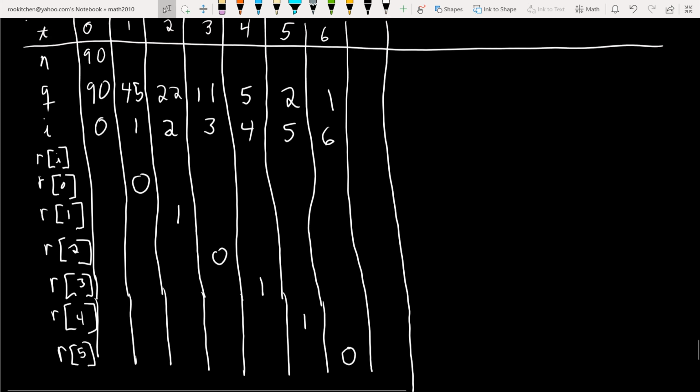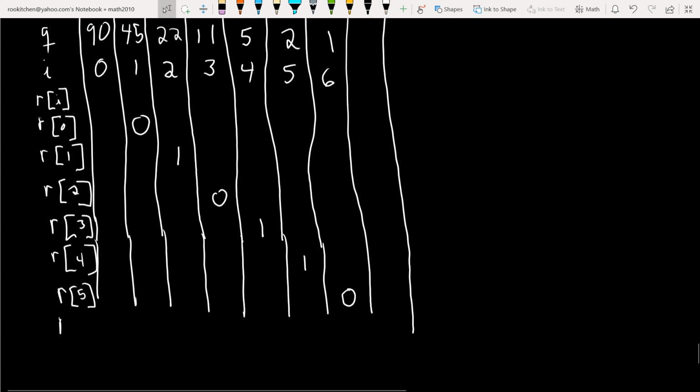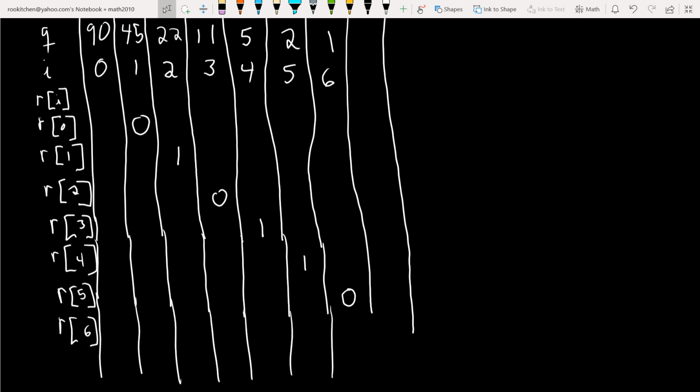So 7. So instantiate another position, R6 in the array. And 1 mod 2 is 1. 1 div 2 is 0.